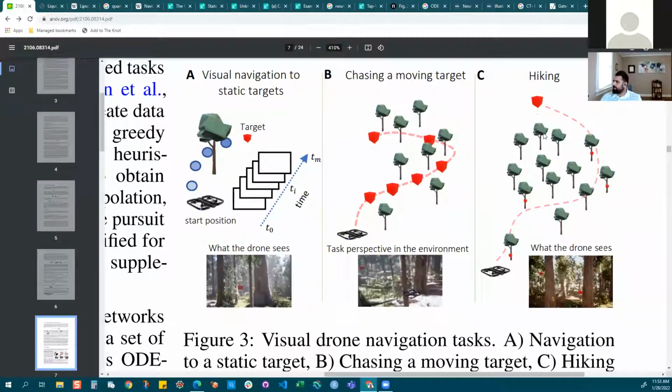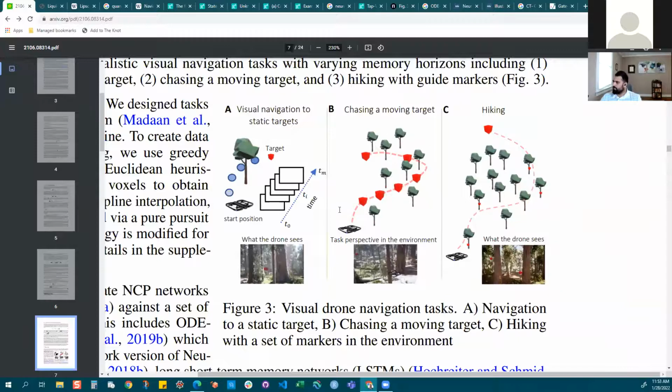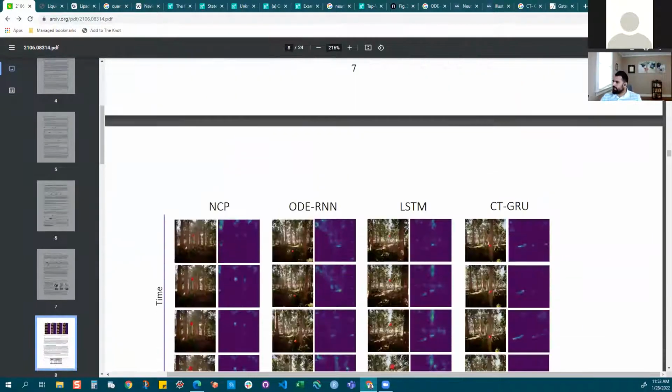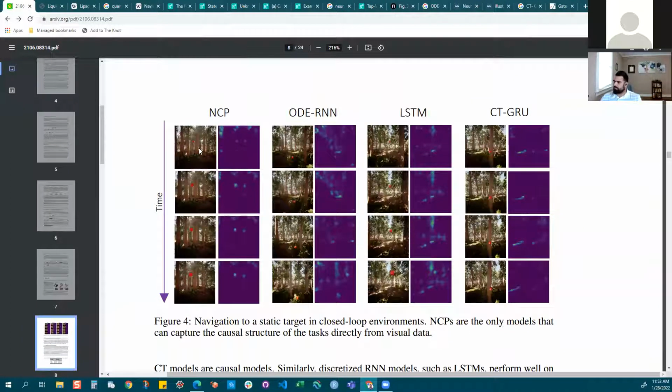And the third type is a hiking sort of path where on each tree there are some signs, and the drone kind of follows that object basically through the trees. Then they provide results on how the model performed.